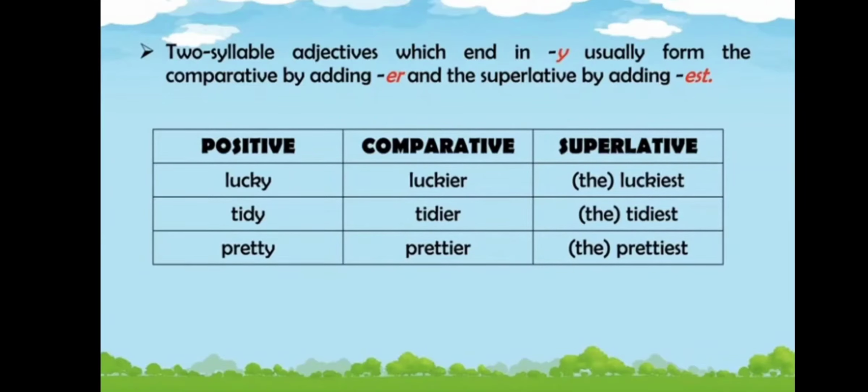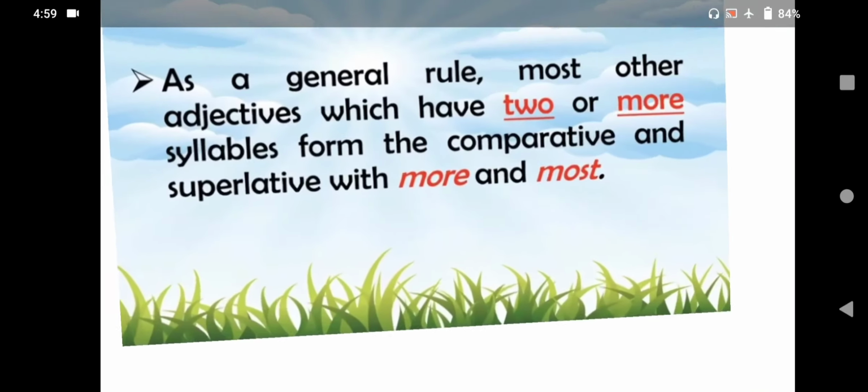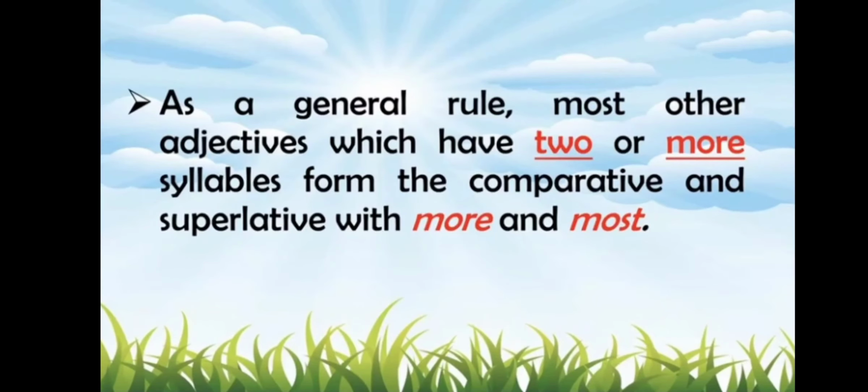The last rule which we have: as a general rule, most other adjectives which have two or more syllables form the comparative and superlative with more and most. In some adjectives, we can't use ER or EST for comparative or superlative degrees.